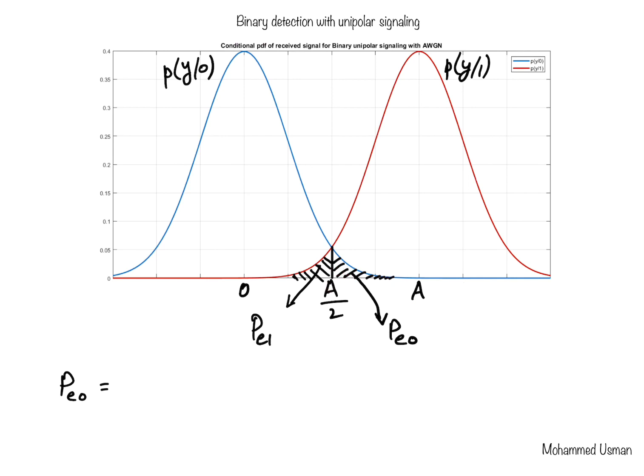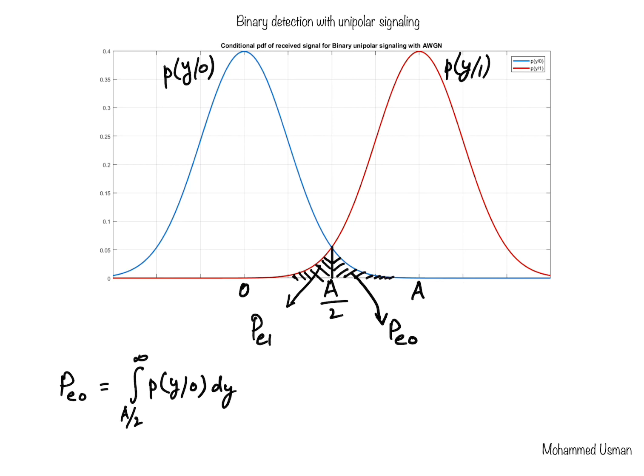So area means integration, right? So it's nothing but the integration under this blue PDF, which is P of y given 0, the conditional PDF of y when 0 has been transmitted, dy, and the limits of integration are from a by 2 to infinity. It is to the right of a by 2, so it's from a by 2 to infinity.